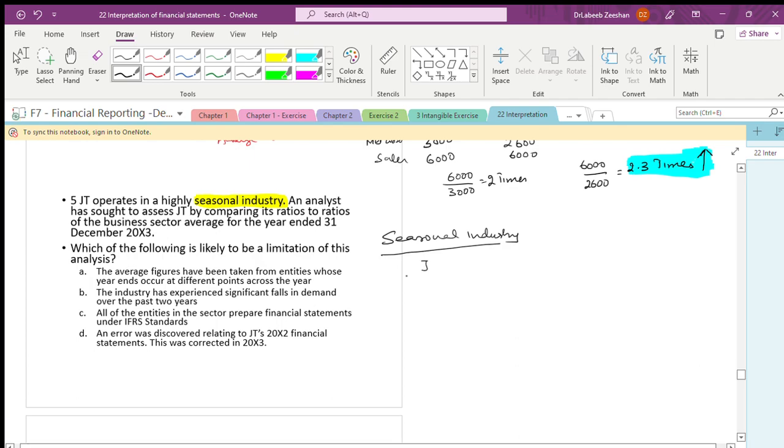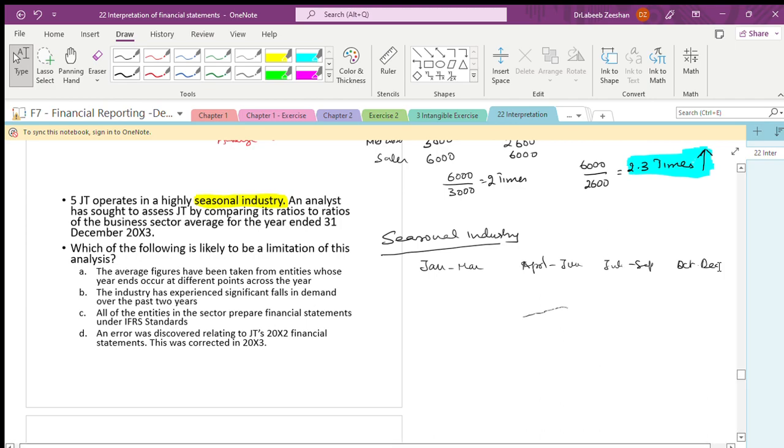You will understand really well. January to March, April to June, July to September, October to December. What will happen? Here the business will pick up.